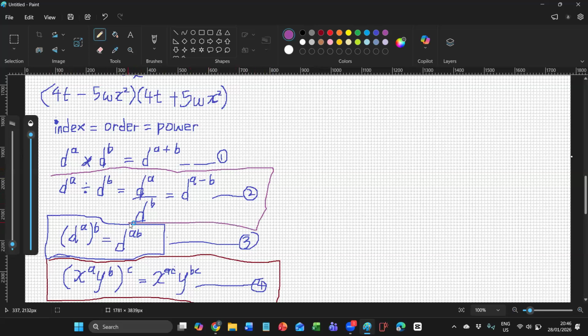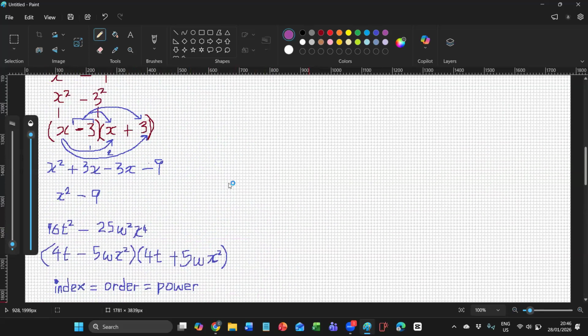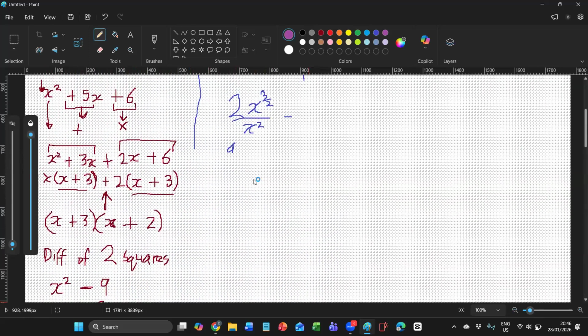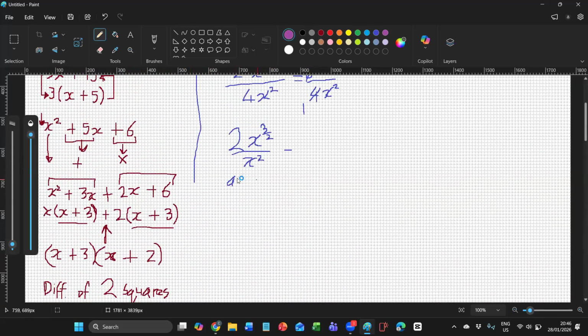Law 2 is the law of division. See that? Good. So let's apply it. Apply law 2.